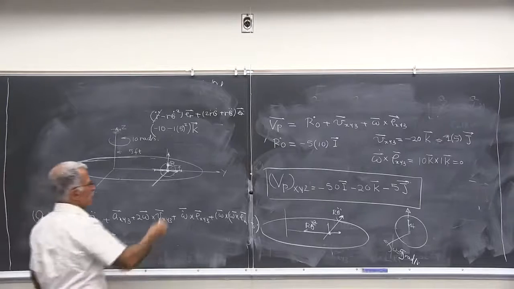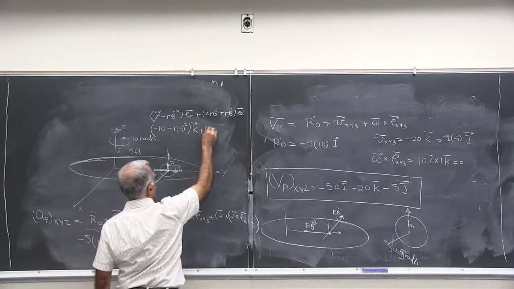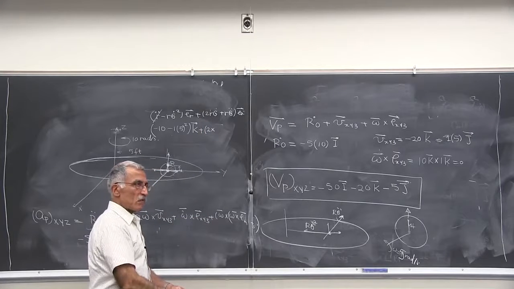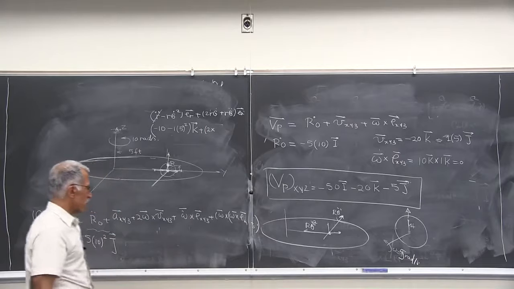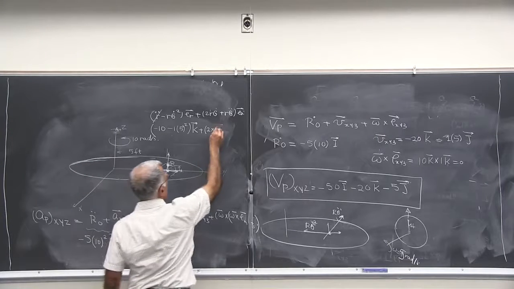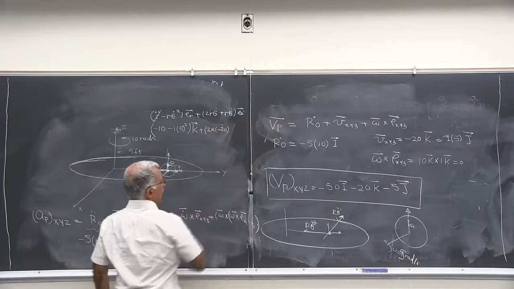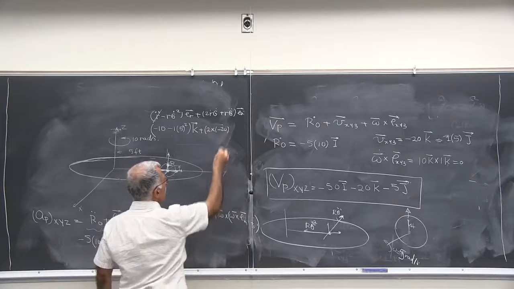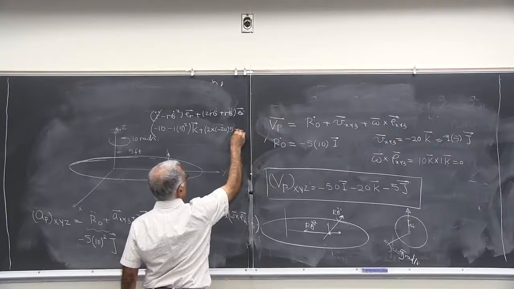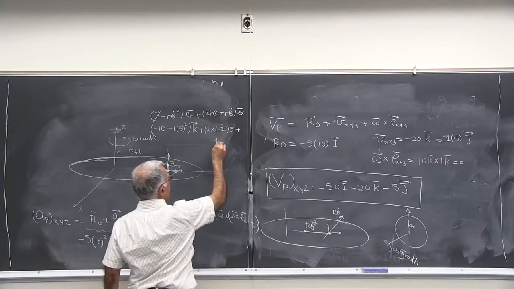Plus 2 r dot theta dot, where your r dot is equal to 20 feet per second. It was coming down at 20 feet per second. That's what we said, that the velocity of the particle is 20 feet per second, so it's minus 20. And theta dot is equal to 5, and r is equal to 1.